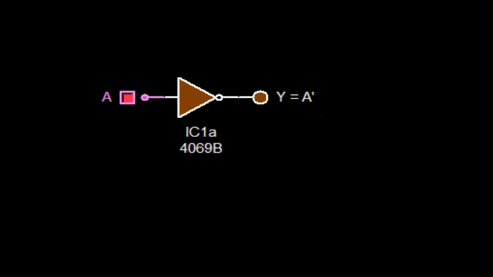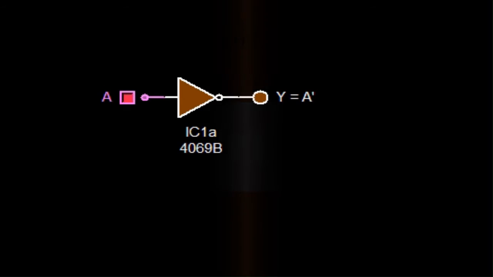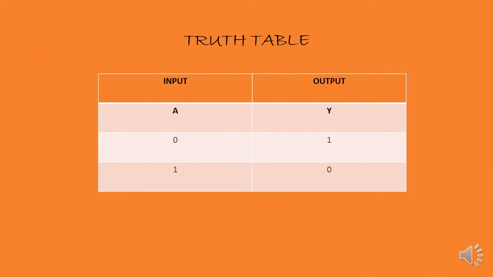Truth table we see on the next slide. In this slide we see the truth table of a NOT gate. A is the input, Y is the output terminal. When A is 0 we get 1 output, when A is 1 we get 0 output.